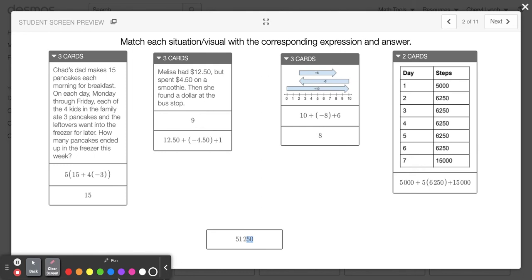All right, then finally, let's go over and look at this card. So I have 5 times 6,250. Then I'm going to add on my 5,000. Then I'm going to add on my 1,500. So 6,250 times 5, I'm just going to multiply that out real quick.